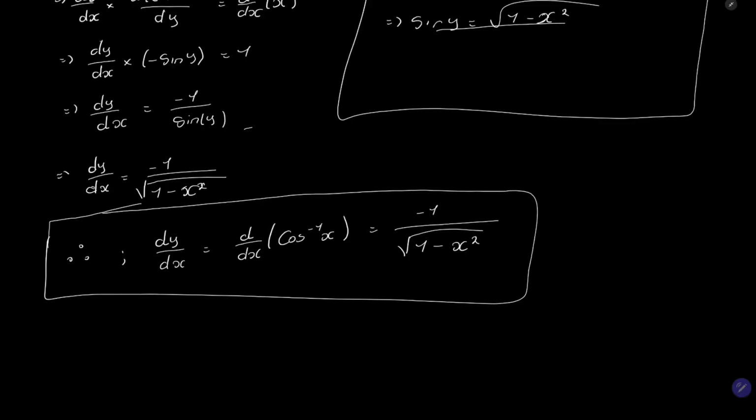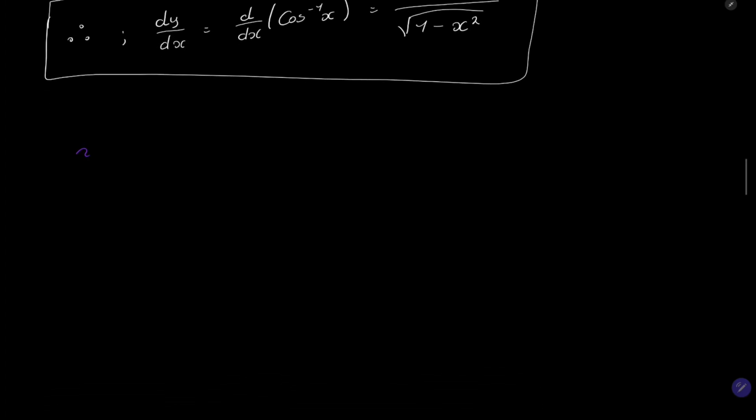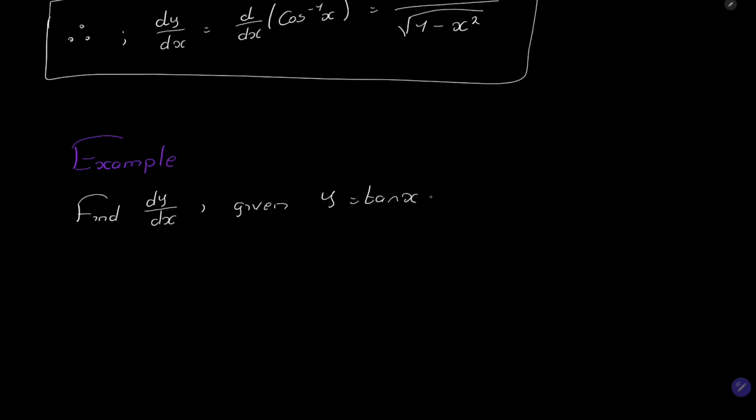So let's move on to the third question, which was on the derivative of the inverse tan function. So we're going to label this example 3. What does this example state? It states: find dy/dx given that y is equal to tan inverse of x.